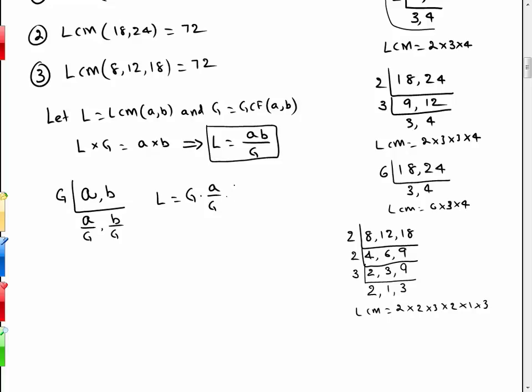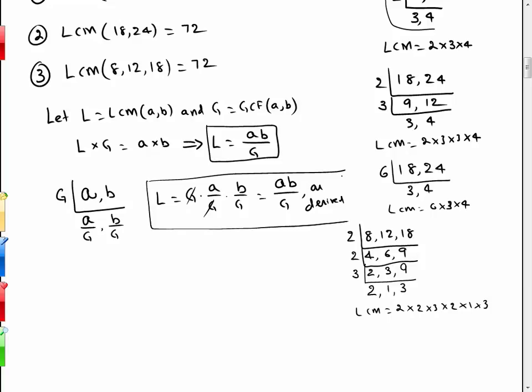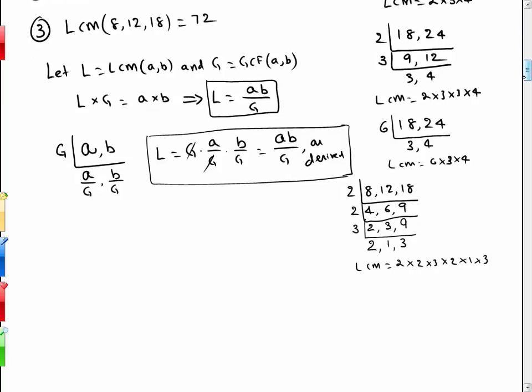G times A over G times B over G. G's cancel, and we get AB over G as desired. So we showed earlier that the LCM of A and B is AB over the greatest common factor G.